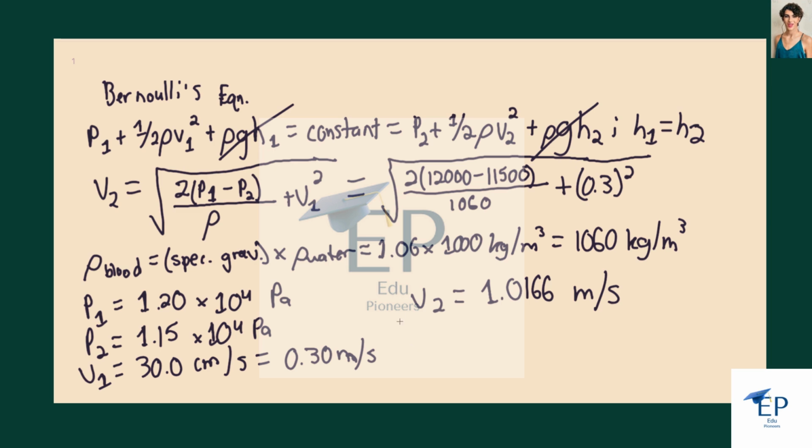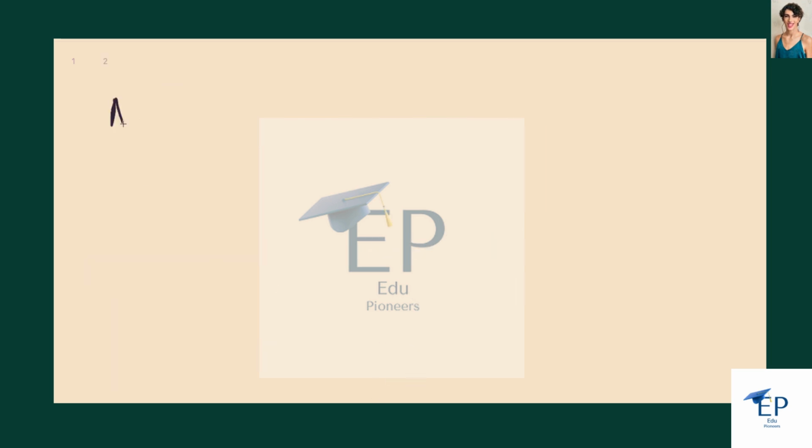and we can see this in the equation of continuity. So the equation of continuity says that the cross-sectional area of the first section times the velocity in the first section is going to equal the cross-sectional area of the section that is blocked by plaque times the velocity of the second section.